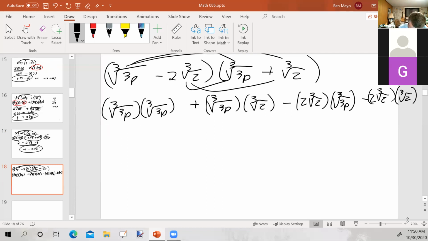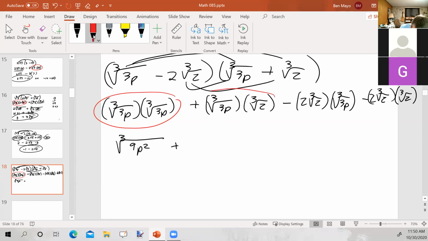Okay, we ready? Yes. So this would be the cube root of 9p squared. Can't do anything else with that because 9 isn't a cube, p squared isn't a cube. So we're stuck with that.